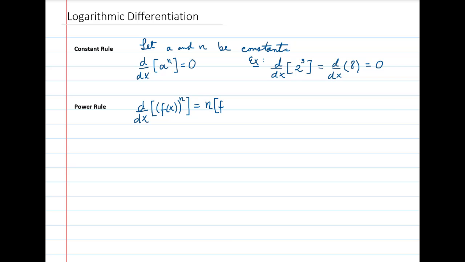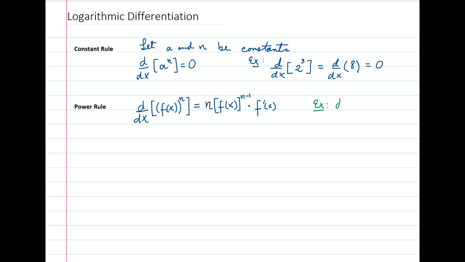Using chain rule here, the power rule says, bring the exponent to the front, n times the function f of x raised to the n minus 1, so the exponent goes down by 1, times, chain rule says, to multiply by the derivative of the inside function, which is f of x. Okay, derivative of f there.